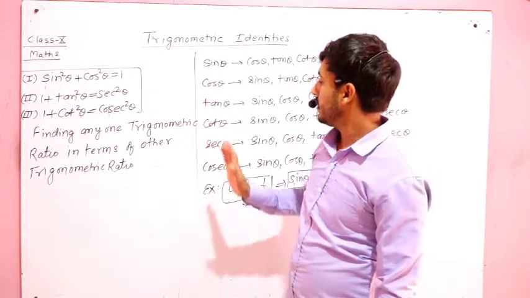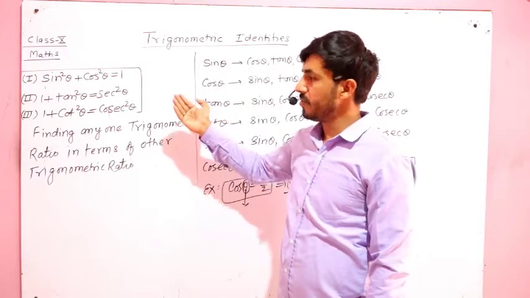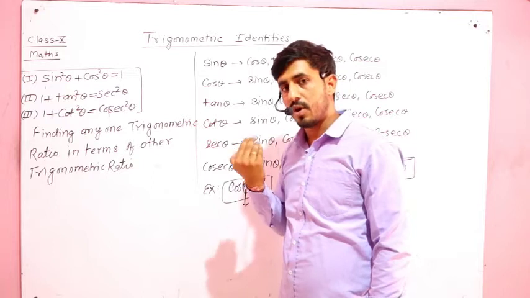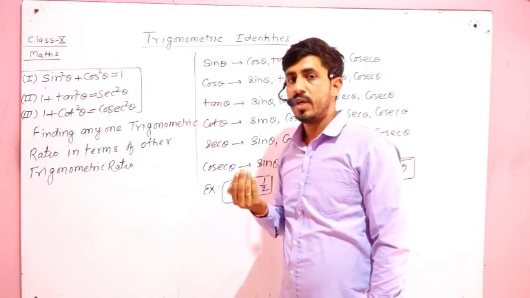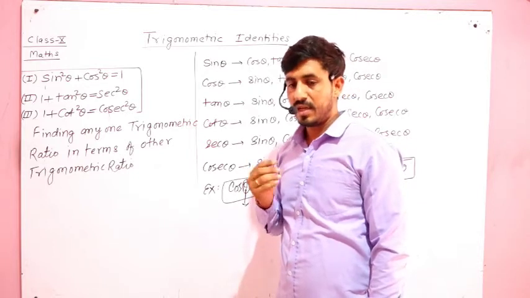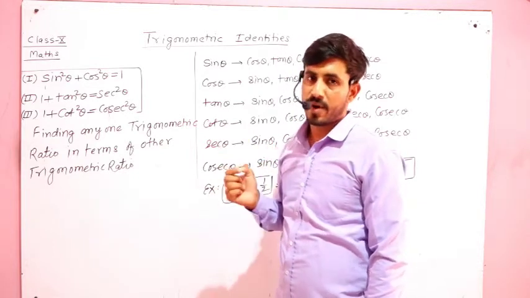After you have found the relation of any trigonometric ratio in terms of other trigonometric ratios, you can directly make a table, so that it is very easy to remember.